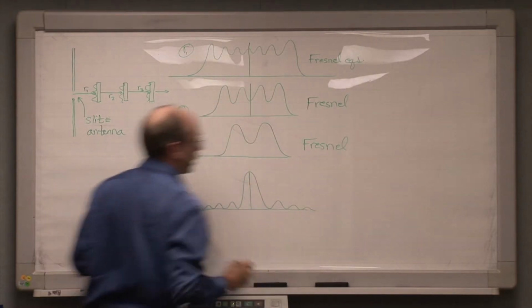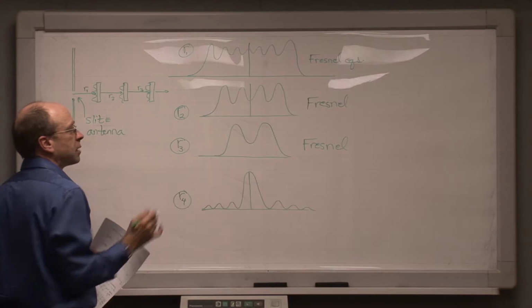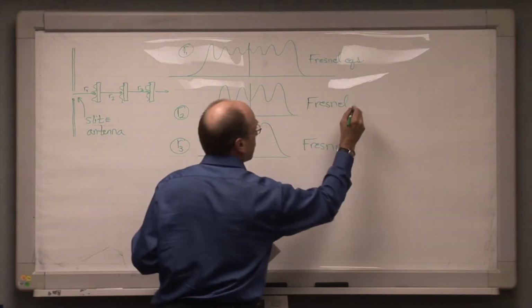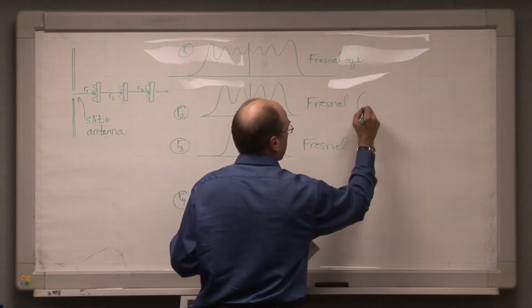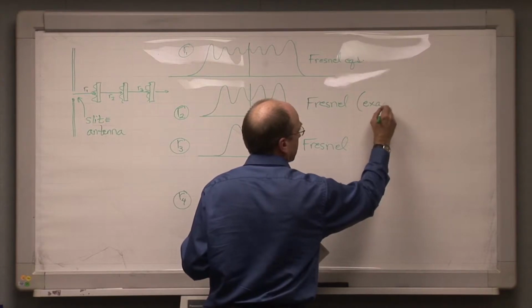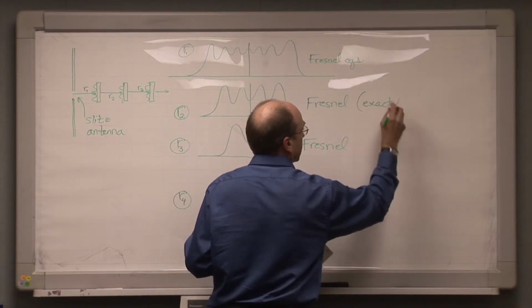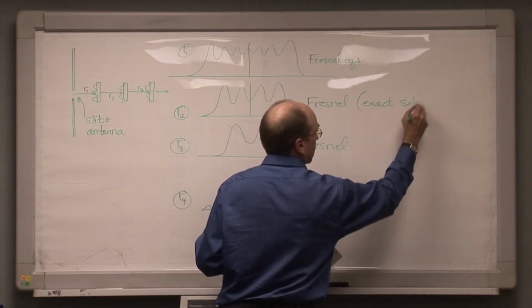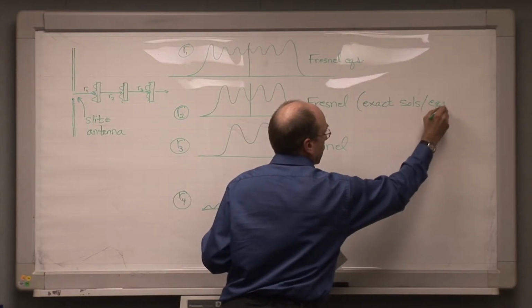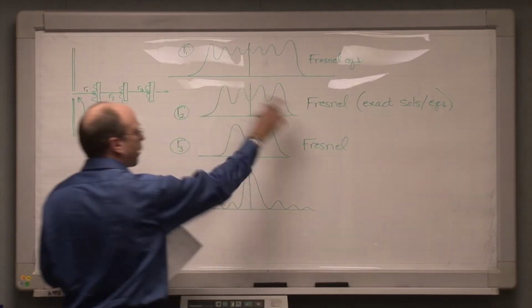All of the patterns up to this point, the ones fairly close to the antenna, and I'll define close in a moment, are described by the Fresnel relationships, which are exact solutions or equations to this diffraction problem.